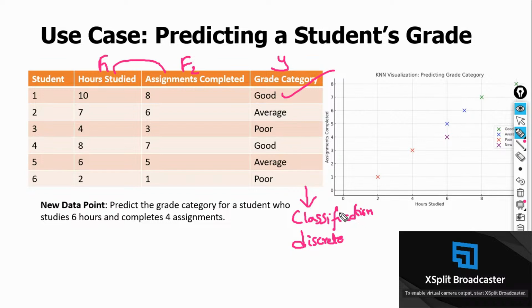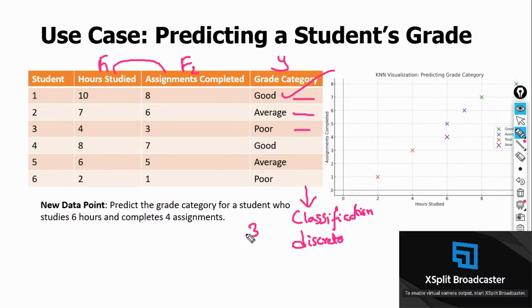What is the number of classes that you have? Classes represent the unique categories. Good is one class, average is one class, poor is the third class. Again, the same classes got repeated. So how many classes do we have in total? There are three classes.